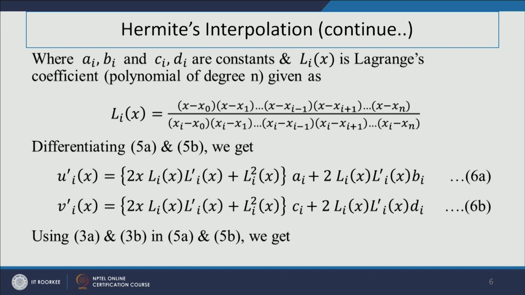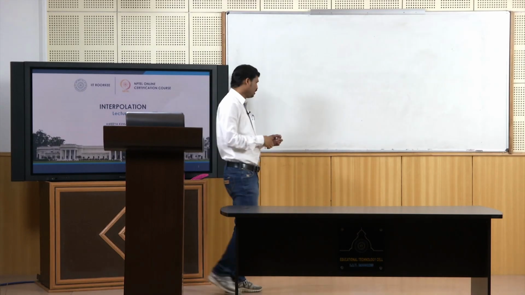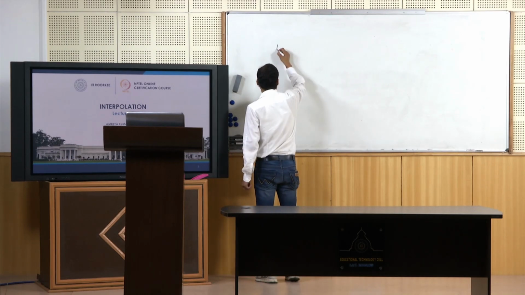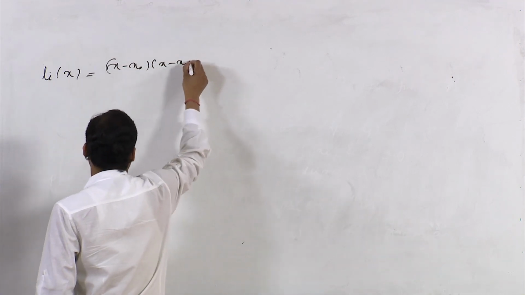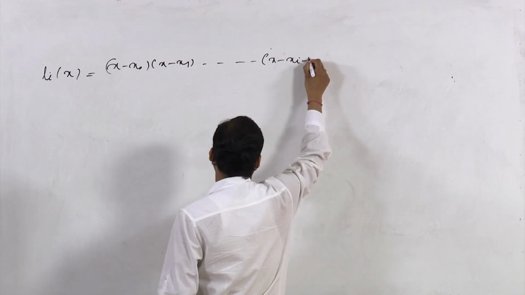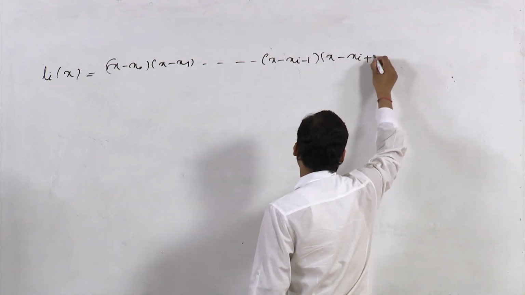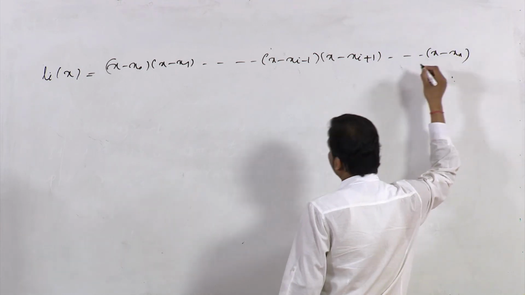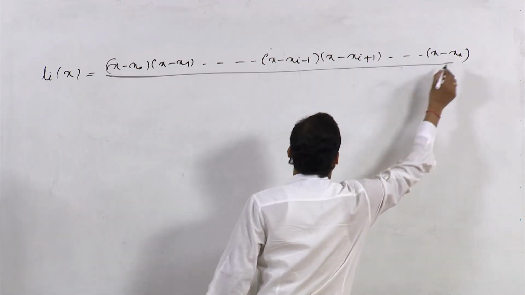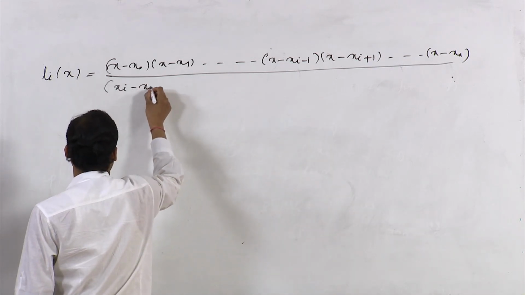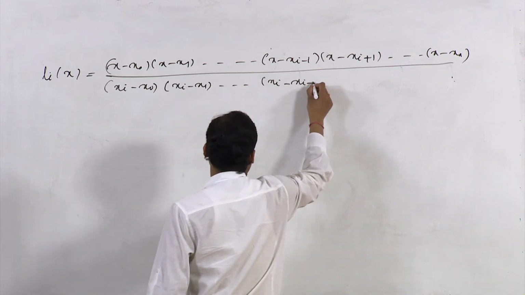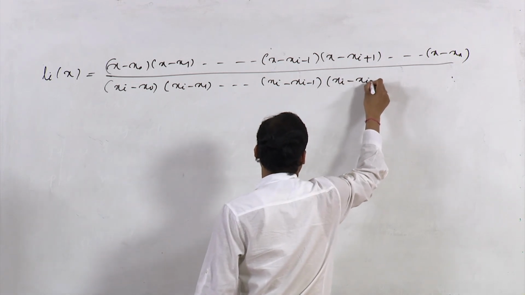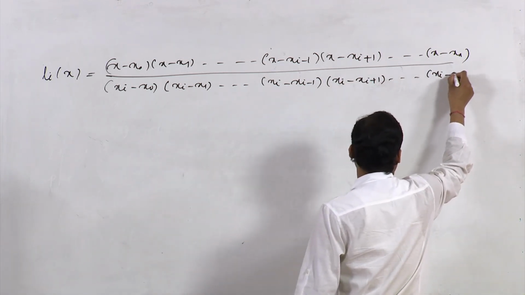v_i(x) here. So, if we write this, the Lagrangian interpolating polynomial coefficient l_i(x) can be written in the form of (x minus x_0)(x minus x_1) up to (x minus x_{i-1})(x minus x_{i+1}) up to (x minus x_n) divided by (x_i minus x_0)(x_i minus x_1) up to (x_i minus x_{i-1})(x_i minus x_{i+1}) up to (x_i minus x_n) here.